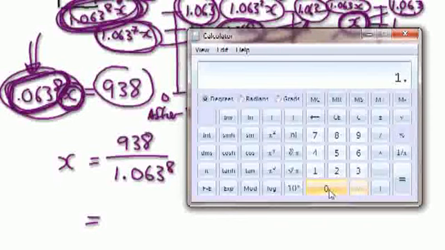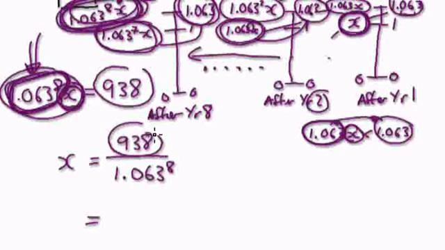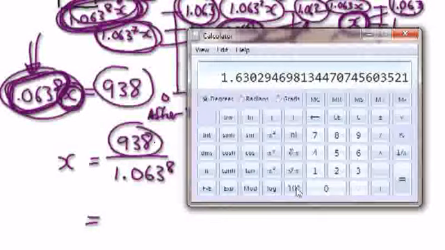I don't really like this calculator, so bear with me. Let me start again. 1.063, this button here, to the power of 8, equals this. Then you've got to get this number divided by this number.